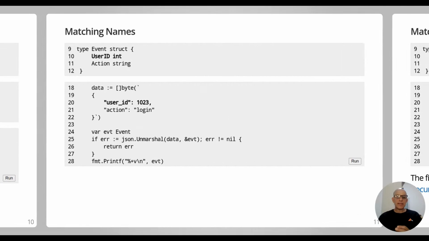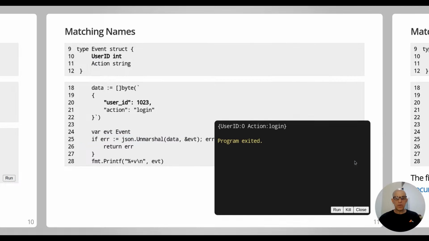Now, let's say that the name matching is not that straightforward. So I have an event with a UserID, but in the JSON, it's user underscore ID. And now if you are going to do the unmarshalling of this data into an event, you're going to see that the UserID is actually 0.